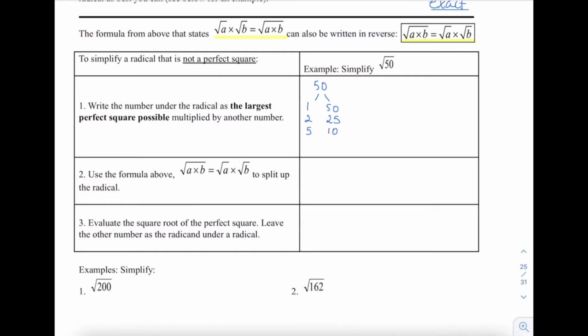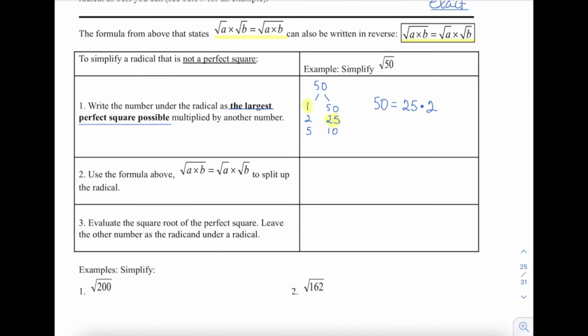Well, when I look at this list, I actually only see 2 perfect squares. 1 is a perfect square and 25 is a perfect square. So 2, 5, and 10, they're not perfect squares. So what I want to do is write 50 as the largest perfect square multiplied by another number. Okay, so I'm going to write this as 25 times 2.